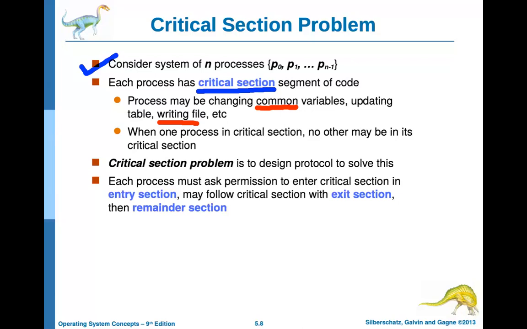One of the requirements is that when one process is in its critical section, no other may be in its critical section. A very simple and practical example: assume that in a college LAN there is a single printer shared between, say, 20 computers, with 20 users sitting on them.